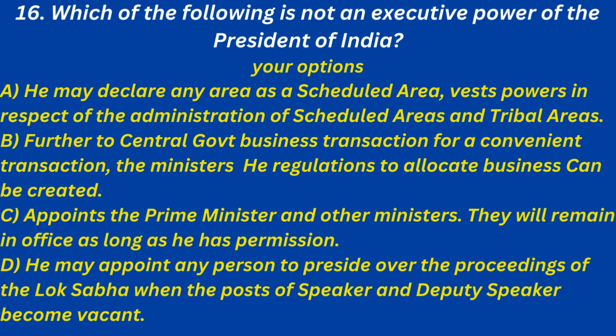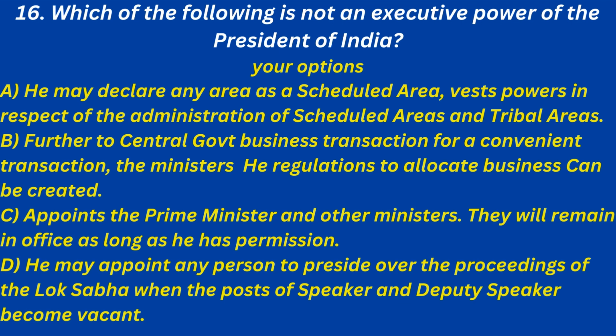16. Which of the following is not an executive power of the President of India? Your options: A. He may declare any area as a scheduled area, vests powers in respect of the administration of scheduled areas and tribal areas. B. Further to central government business transaction for a convenient transaction, the ministers he regulations to allocate business can be created.